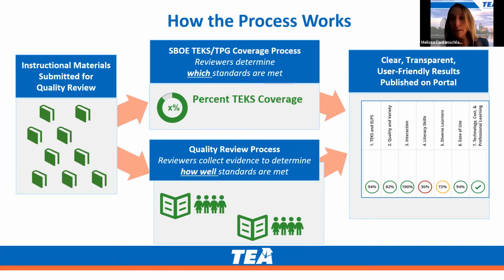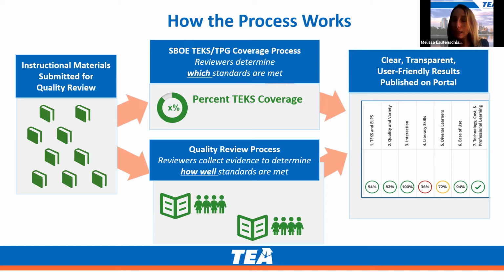Everything does that, whether it's finally on the adopted list or present on the Texas Resource Review, everything must go through that alignment piece. And then it goes through an additional extensive review for quality, in which reviewers are collecting evidence to determine how well standards are met.